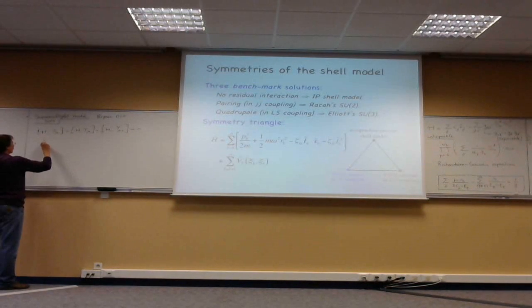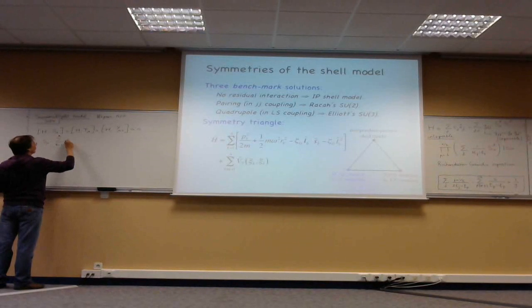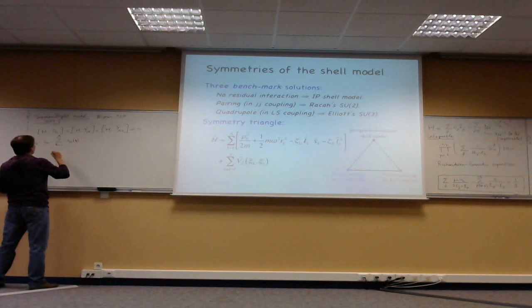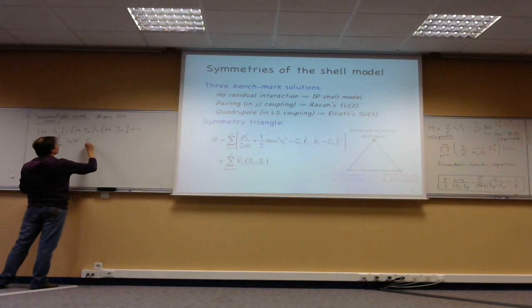So S mu, this is the spin, right? As you may recall, you go from 1 to A, sum over all the particles of S mu K. Same thing for the isospin.